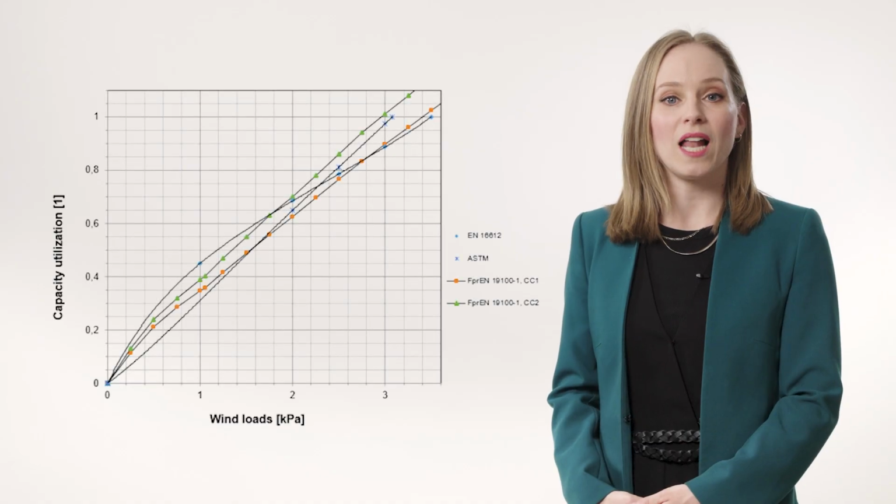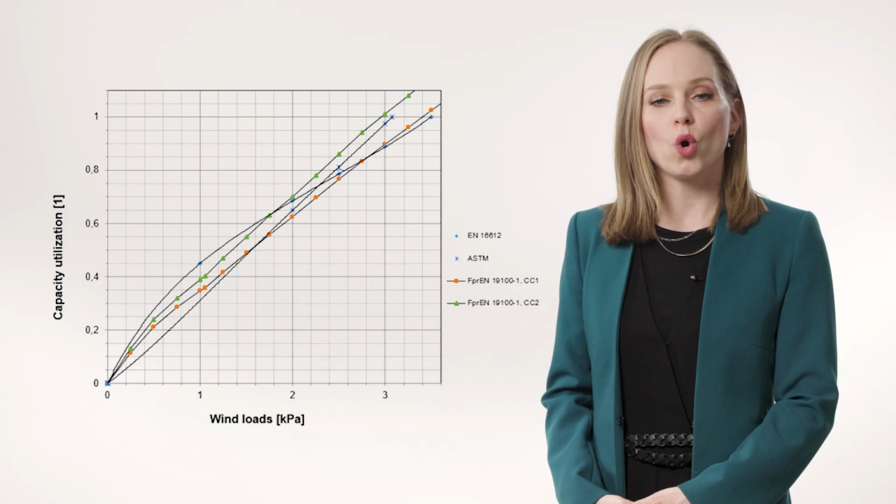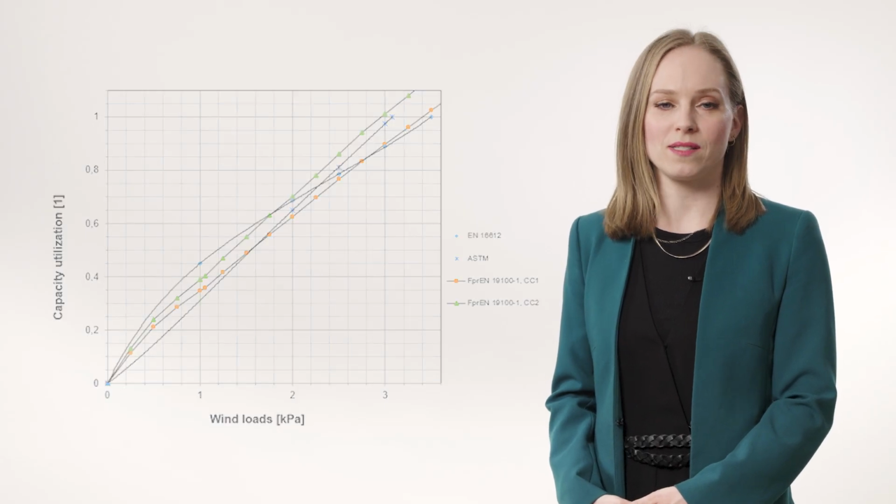For a capacity utilization higher than 1, the glass has not sufficient load resistance and the stronger glass has to be used. Curves are limited either by the capacity utilization factor 1 or by the wind load of 10 kilopascals. Since the limiting criterion according to the ASTM E1300 is the load resistance rather than the tensile stress, the capacity utilization takes the form of a straight line.